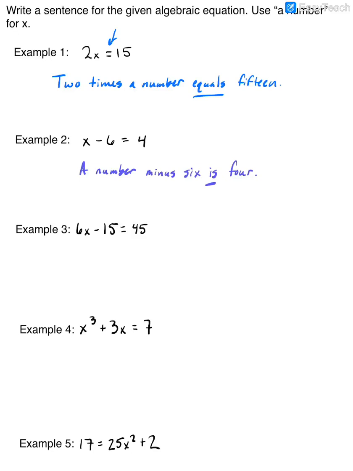This next one, I could say the product of 6 and a number take away 15 is the same as 45.